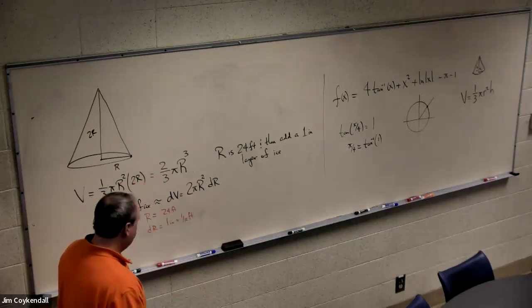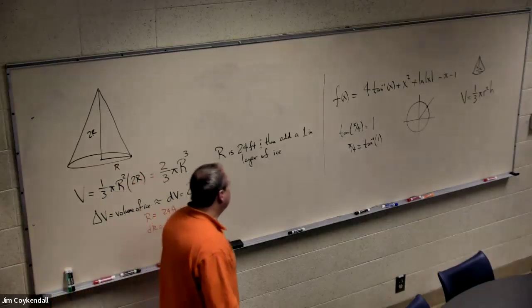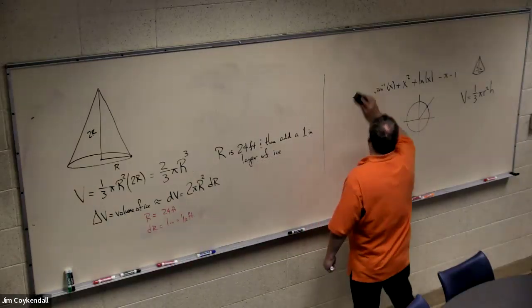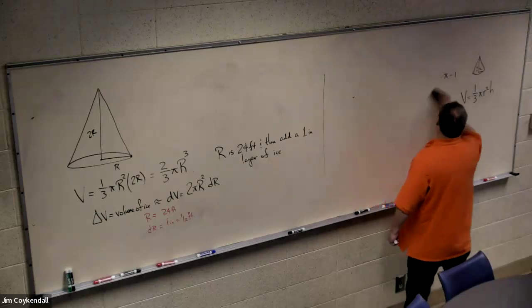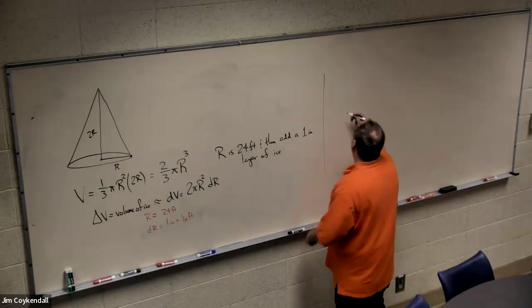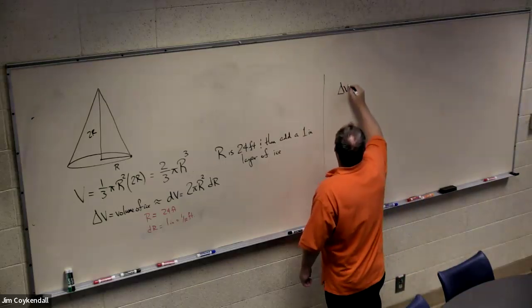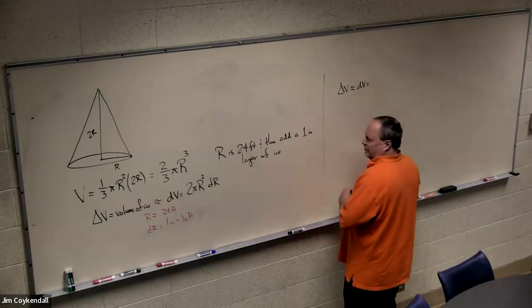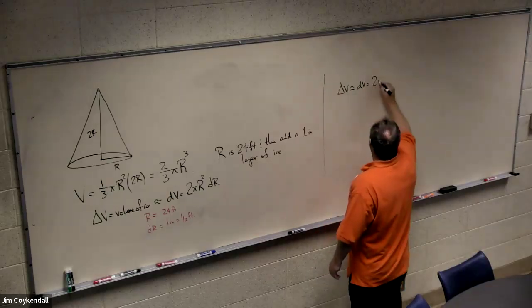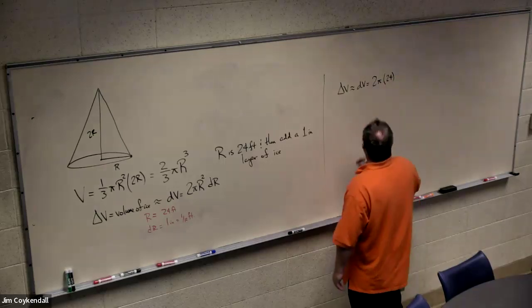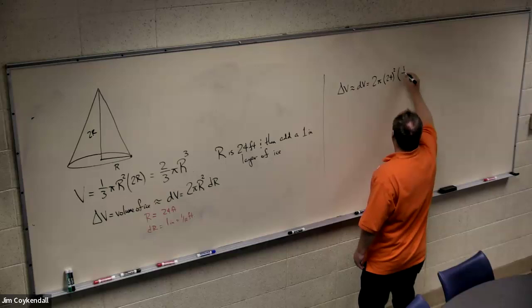Everybody okay? So let's approximate how much ice we have here. My shell of ice is approximately 2 pi times 24 squared times 1/12.